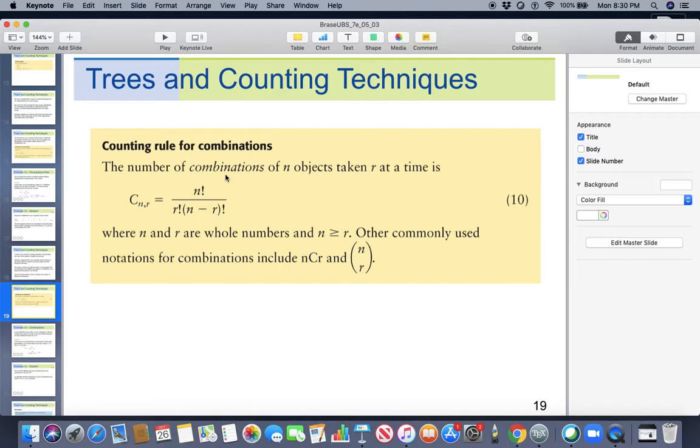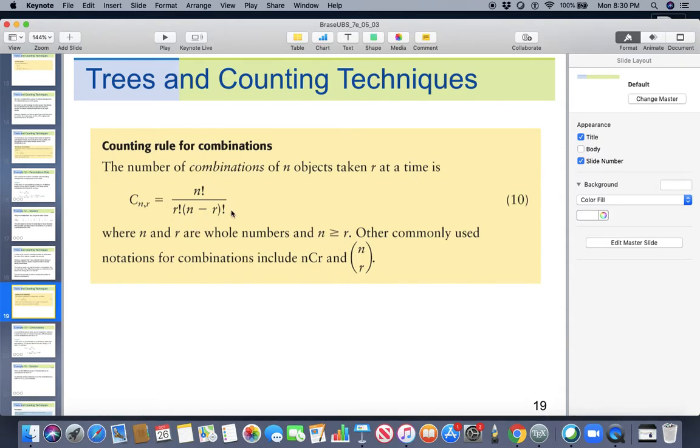C(n,r). This is the number of combinations of n objects taken r at a time. The point here is for a combination, order does not matter. So the formula for this is n factorial over r factorial times n minus r factorial. n and r are whole numbers, n greater than or equal to r.